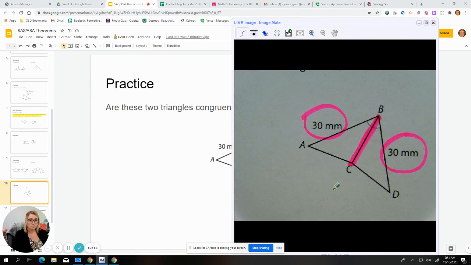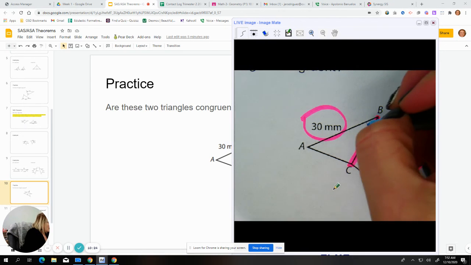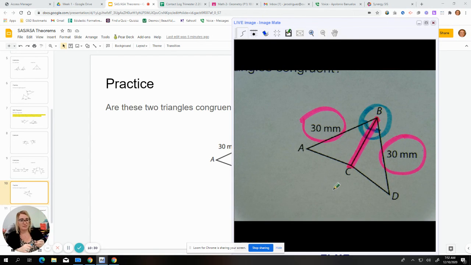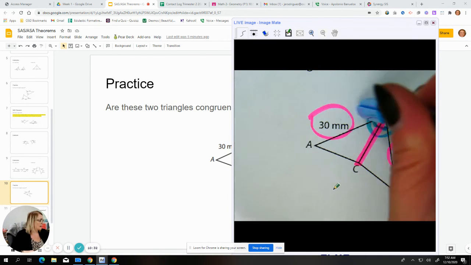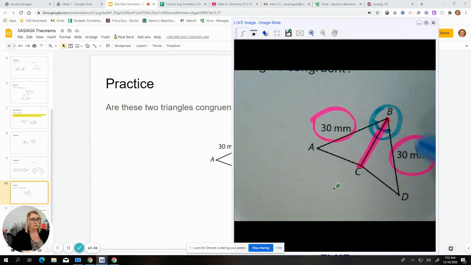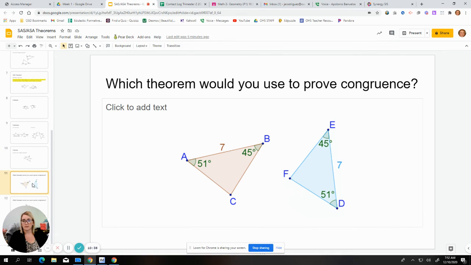So we have our two sides. So now we're just looking at that last bit, which is that included angle. And because they have this symbol here of this one line, it means that they are equal. So we have side, angle, side, angle, side, and that is why they are congruent.